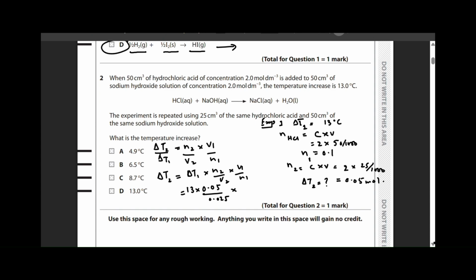V1 was 50 cm³, it means 0.05 dm³, divided by N1, 0.1 moles. So if you calculate, the value is 8.7 degrees. So this is the correct option. Now move on to question number 3.